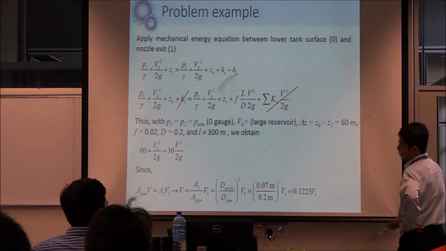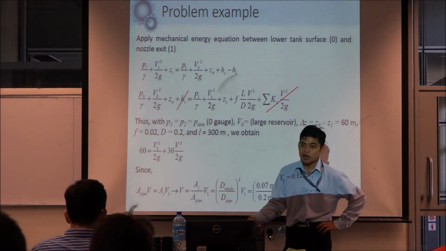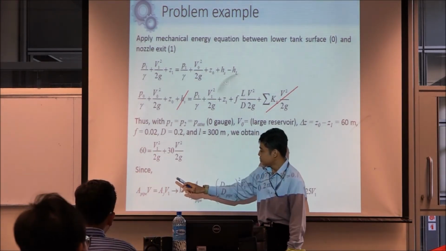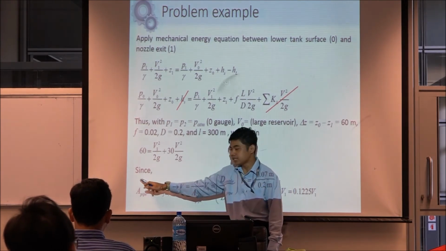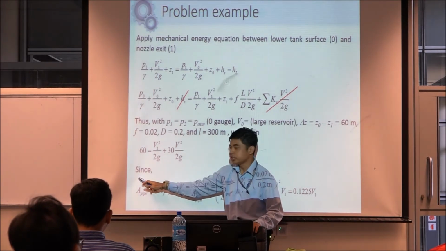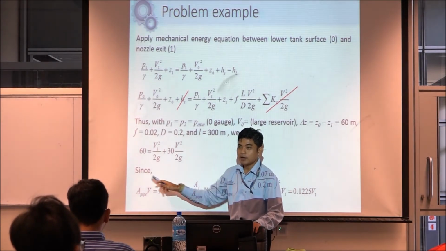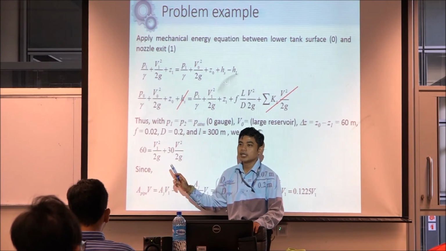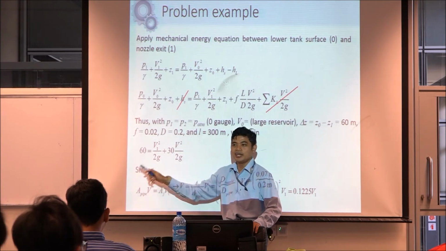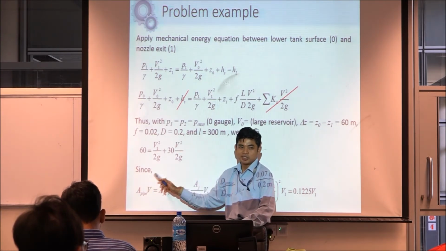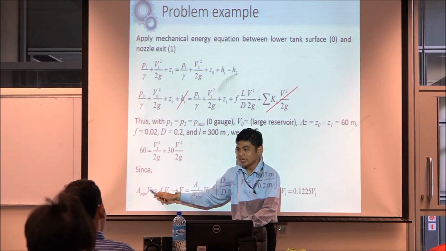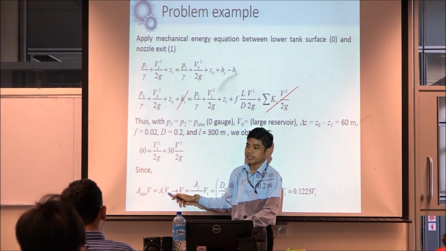However, you know that mass flow rate is always constant because there is no storage. So m1 is equal to m2, or m inside the pipe is equal to m of the jet, which means rho Q is equal to rho Q. But rho for water is constant. You cannot compress it, so rho cancels out. You get Q1 is equal to Q2, or Q pipe equal to Q jet. You get A pipe times V pipe is equal to A jet times V jet.